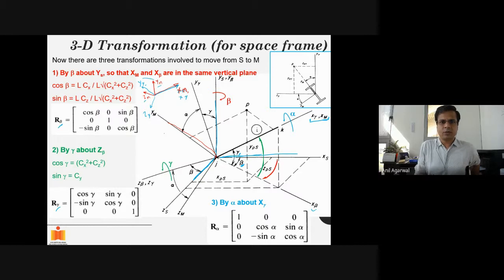If you can imagine a plane, a circle sort of a thing, all of them lie in that same plane, and that plane is perpendicular to this axis. You can imagine a flat umbrella. Your x-axis is the shaft of the umbrella, and then you've got the umbrella sheet. So this plane is that umbrella sheet, and all these four vectors lie on it.